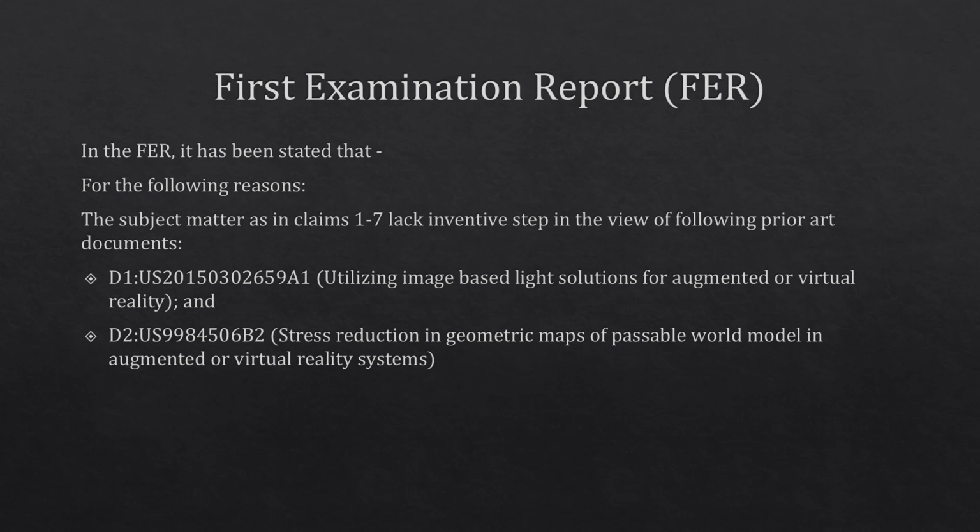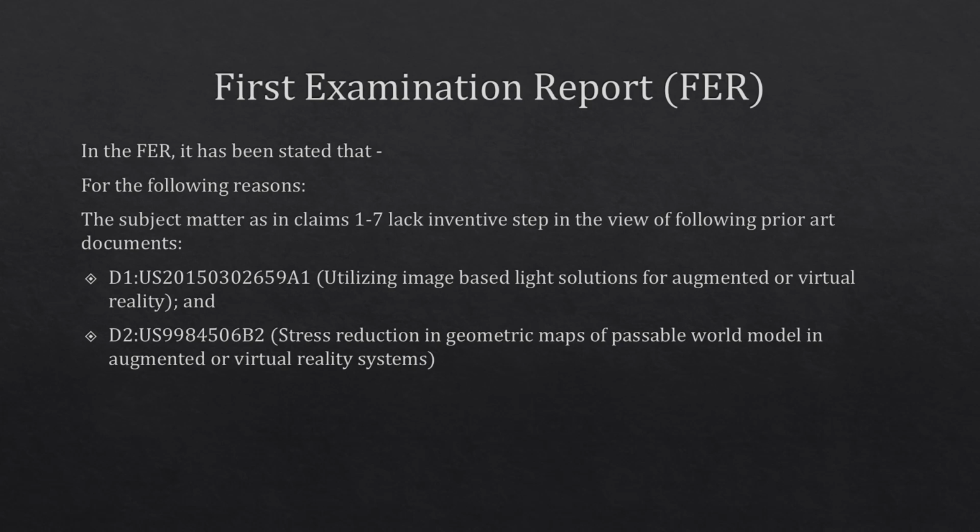Now in the first examination report, that is FER, it was stated that the subject matter as in claims 1 to 7 lacks inventive step in view of the following prior art documents.